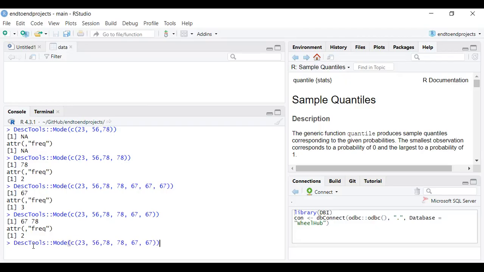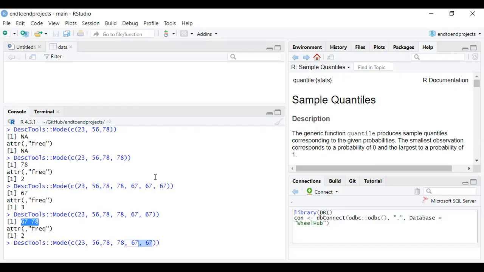And here, most of the value is 67. That is the reason we got 67. At the same time, we are also getting how many times it's there. It's finding a single mode. It's giving the count. If it is a double mode, double mode indicates double values, with similar frequencies, like 2 times.